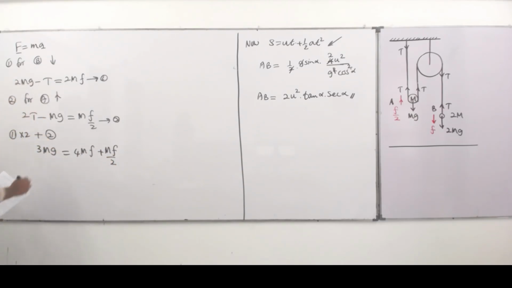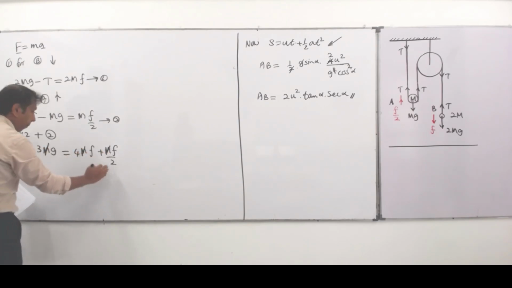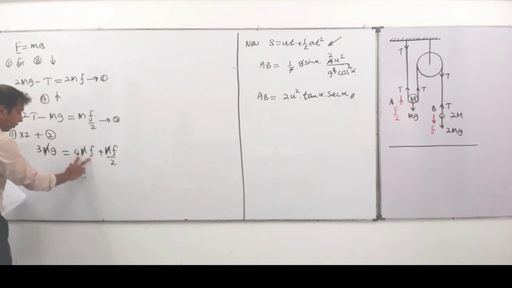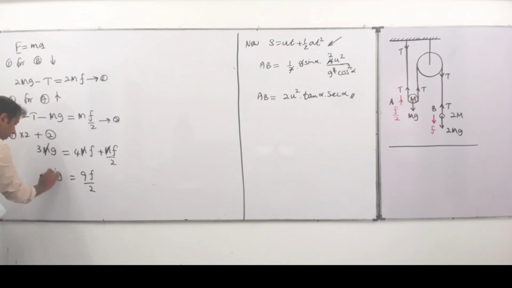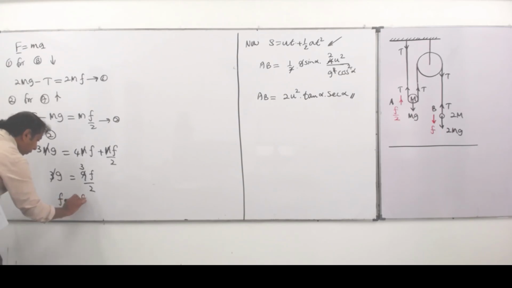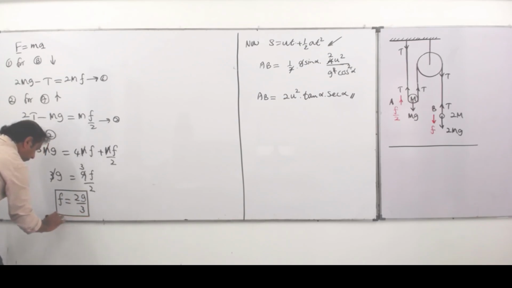Then we get, m you can cancel down there. Here we get 8f plus f, 9f by 2, equals 3g. This and this we can cancel down. Simply f is going to be 2g by 3. Right.